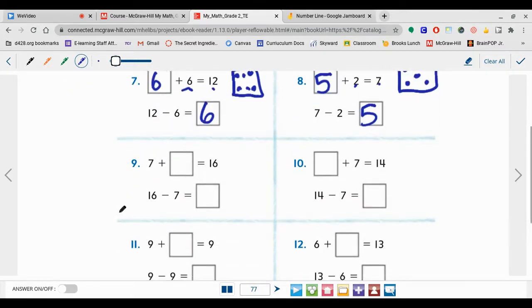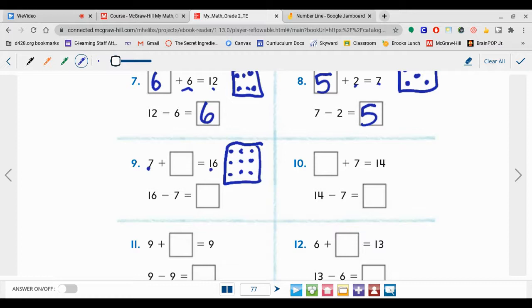For number 9, I'm going to do the exact same thing. Let me draw my box. For number 9, I'm going to start at 7. And when I reach 16, I will stop. So let's go ahead and get started. So I've got 7, 8, 9, 10, 11, 12, 13, 14, 15, 16. Oh my goodness.